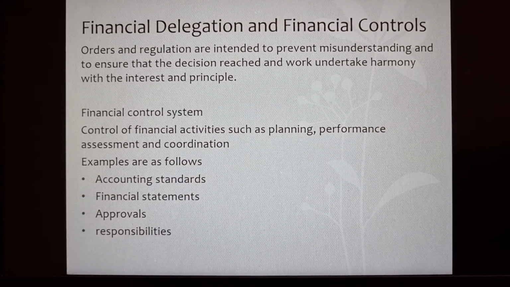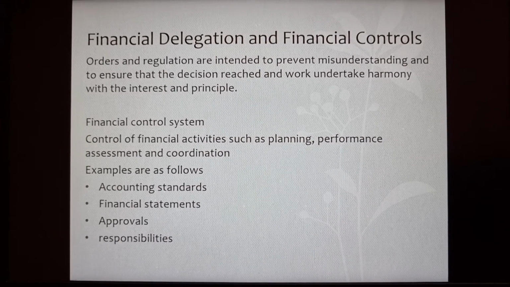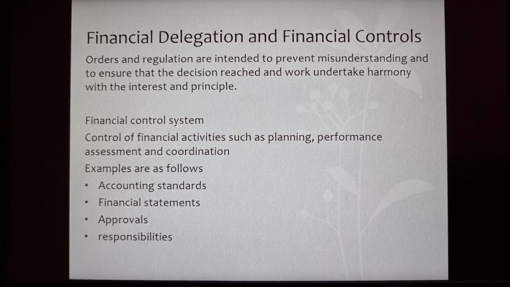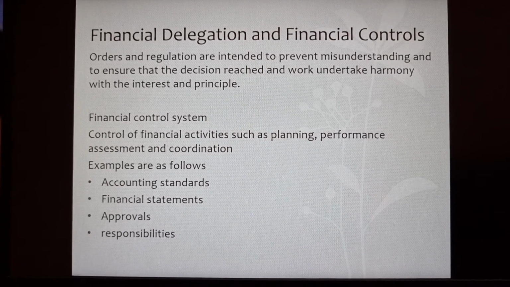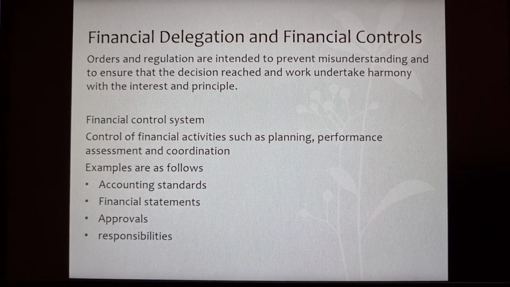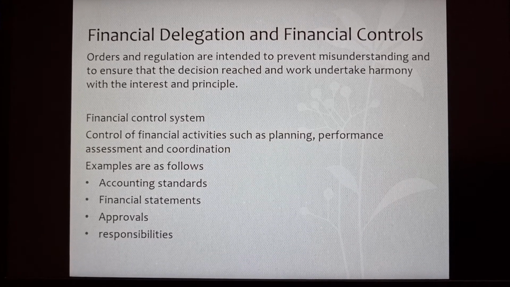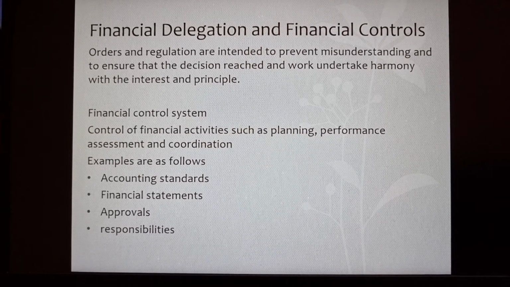The next slide talks about financial delegation and financial controls. Orders and regulations are intended to prevent misunderstanding, and to ensure that decisions reached and work undertaken are in harmony with interest and principle. The financial control system covers the control of financial activities such as planning, performance, assessment, and coordination.